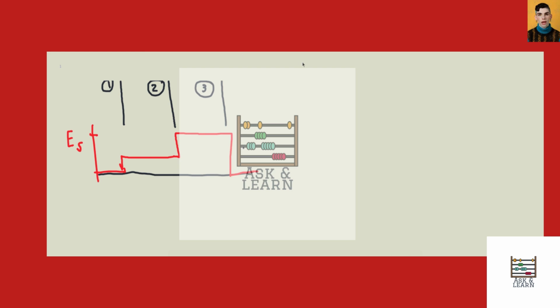If the total is 0, there has to be some positive and some negative. I'm going to use sigma 1 to denote the charge on here, sigma 2, and sigma 3 to denote the charge on here, and I'll take these all to be positive in my equations. So these are all magnitudes.